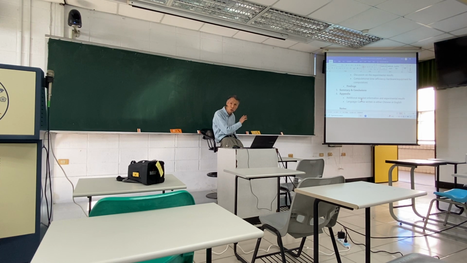I allow you to use Chinese, and you should write it, because I try to make your life a little bit easier. The slide items 1 to 5 must be English. The appendix is up to you, either Chinese or English. That'll be fine with me.